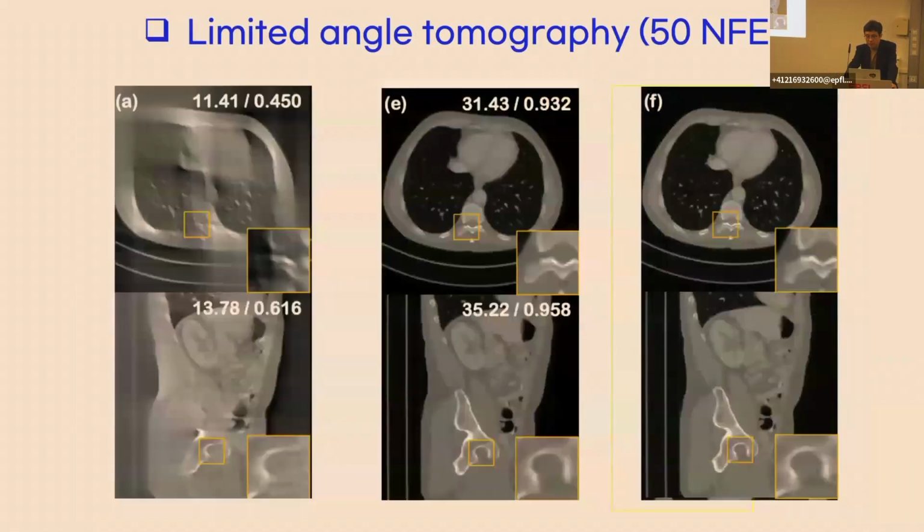Same thing here: this is a limited angle tomography problem. In that case, 90 degrees of the projection angles are missing. This is a notorious problem, and even supervised learning algorithms don't work in this kind of scenario, according to our experience. Many people have reported the same.